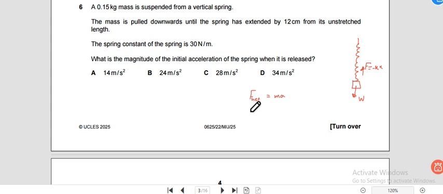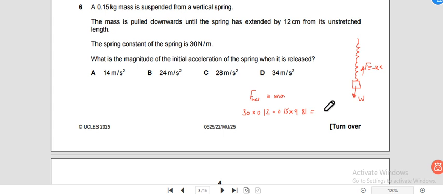F net is 12, surely after converting it to meters, because the spring constant here is given in newtons per meter, so 30 times 0.12, minus the weight, and the weight here is the mass, which is 0.15, times the acceleration due to gravity.